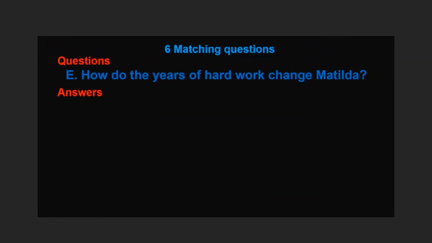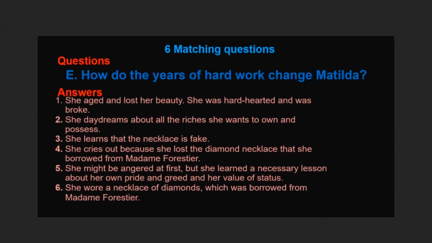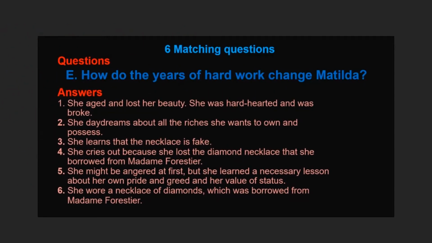Here is another question. How do the years of hard work change Matilda? Select the correct answer from these answers.